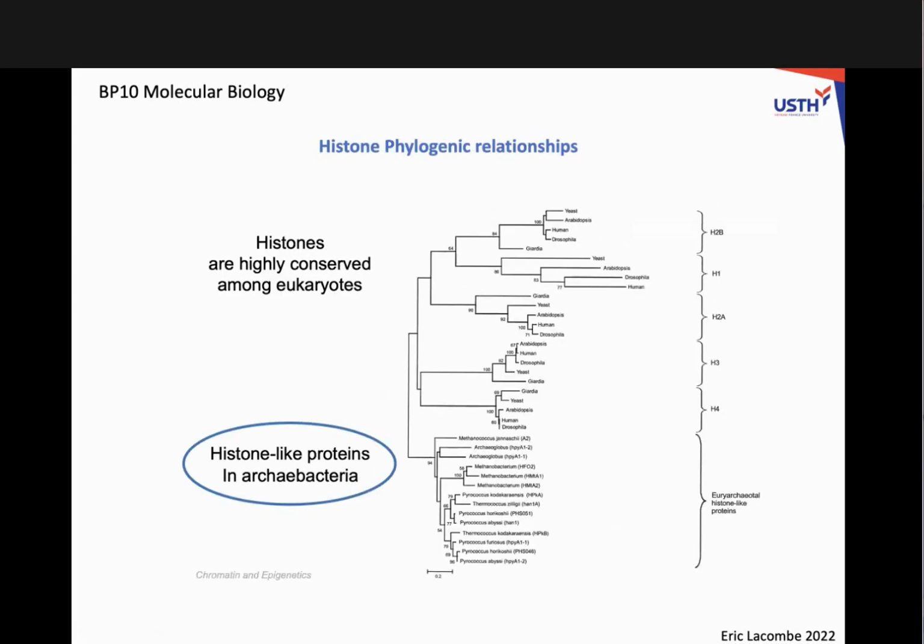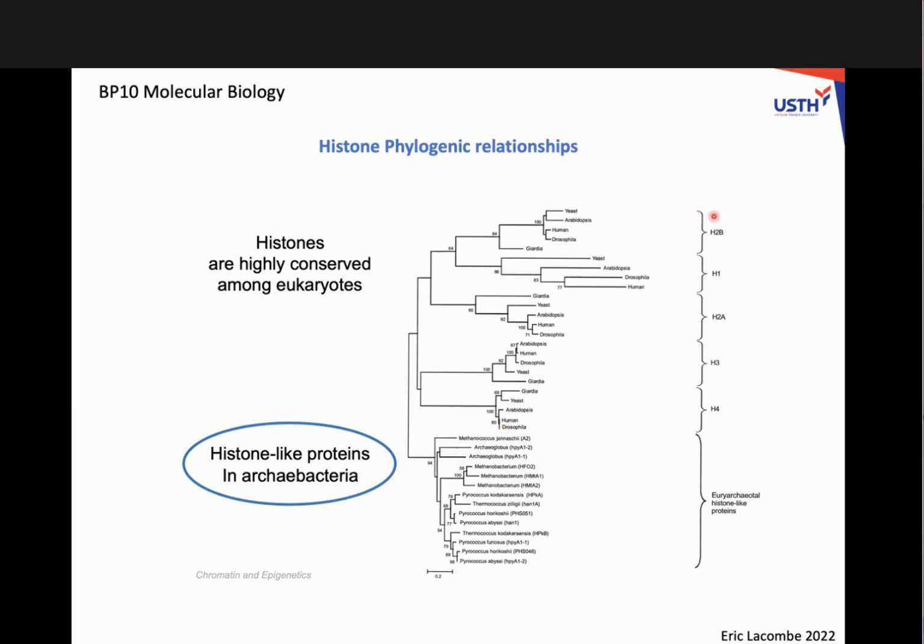And the next one is the same phylogenetic tree, but just to show you, and maybe this is going to shock you a little bit. So on the previous slide, we just looked at only eukaryotes, because H4, H3, H2A, H2B, and H1 exist only in eukaryotic cells.